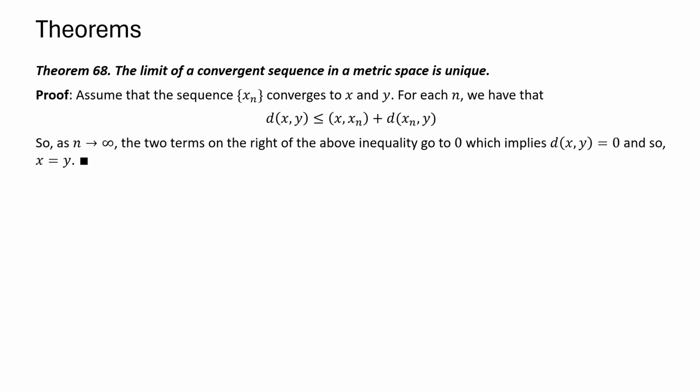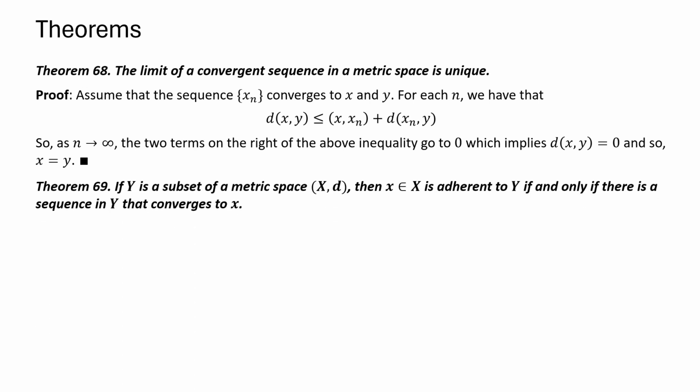So that was pretty easy. We have another theorem. If Y is a subset of a metric space X, then a point little x in our metric space, capital X, is adherent to Y if and only if there is a sequence in Y that converges to x.